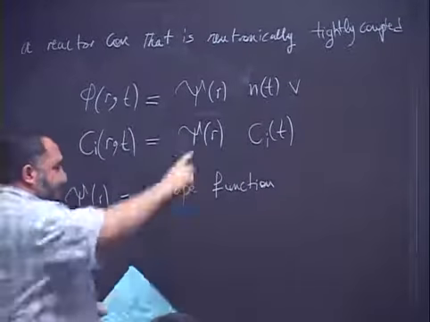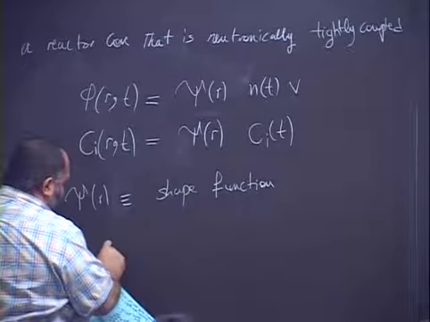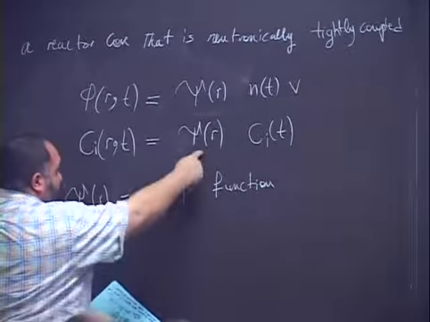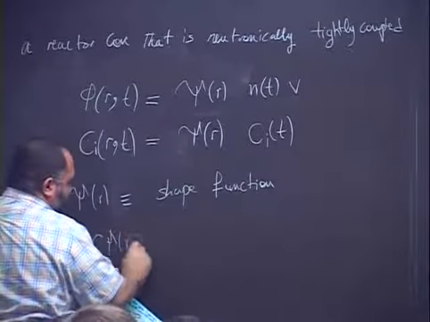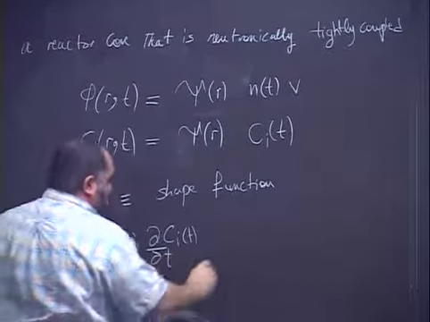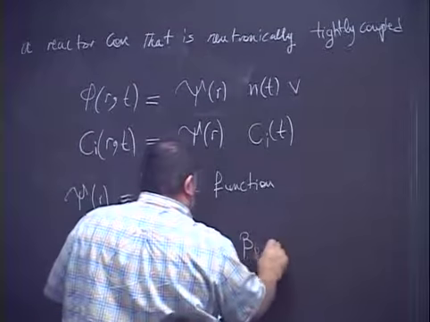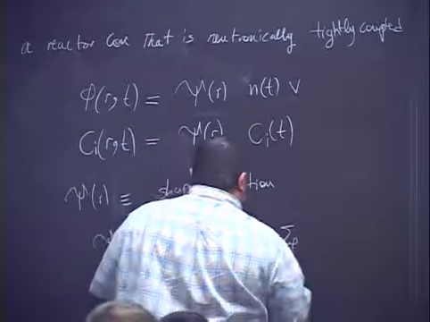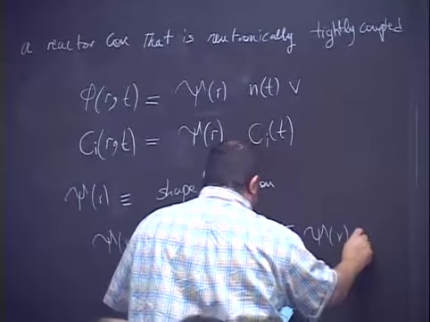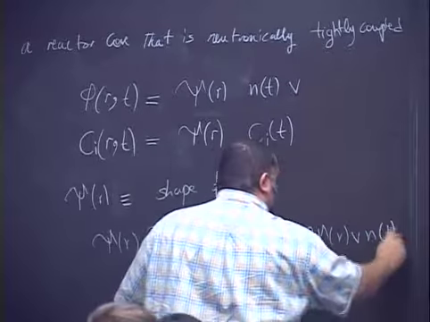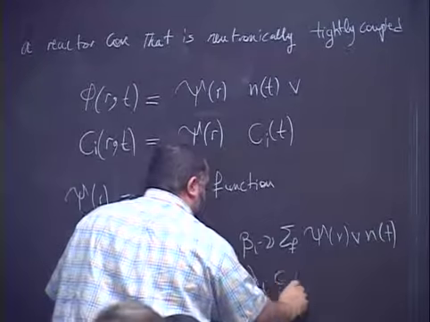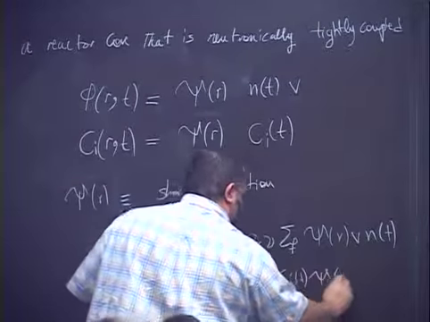If you apply this to the formula that we wrote last time for dC by dt, it will be psi of r multiplied by dCi of t by dt, equal to beta i nu sigma fission multiplied by the flux, which is now psi of r multiplied by v multiplied by n of t, minus lambda i multiplied by Ci of t multiplied by psi of r.